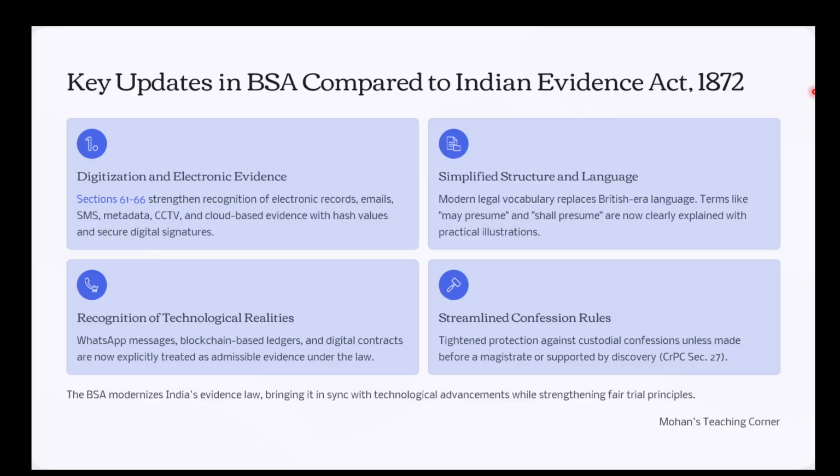Sections 61 to 66 strengthen the recognition of electronic records, emails, SMS, metadata, CCTV, and cloud-based evidence with hash values and secure digital signatures.